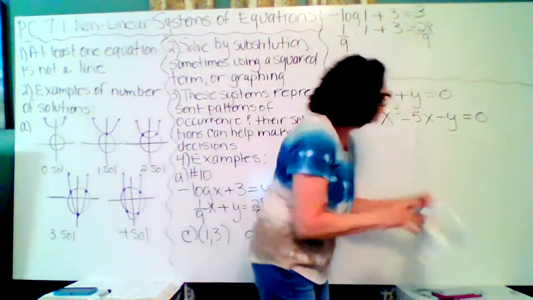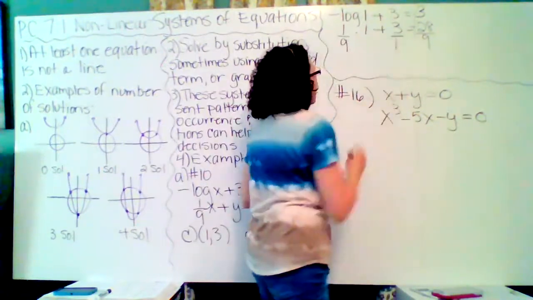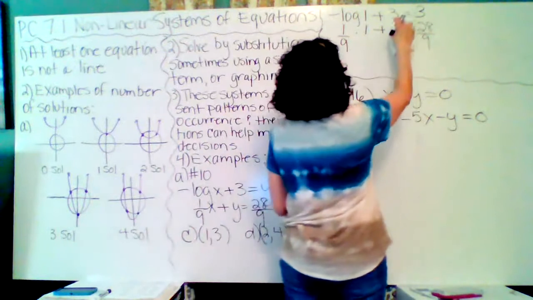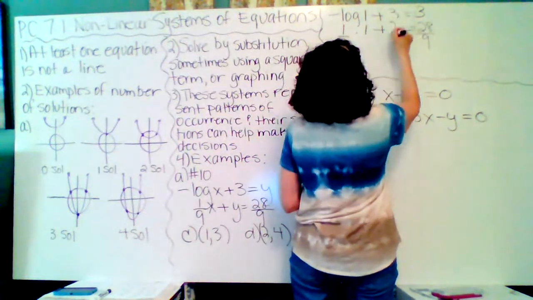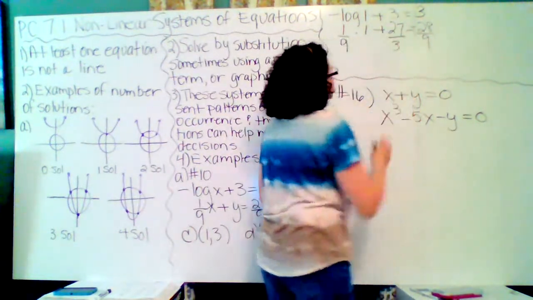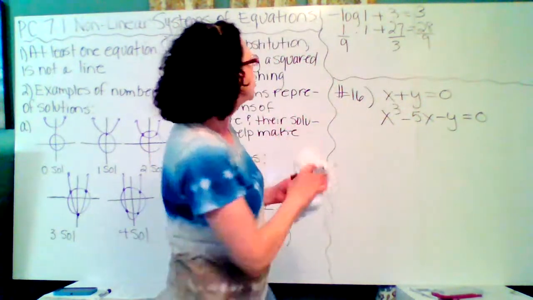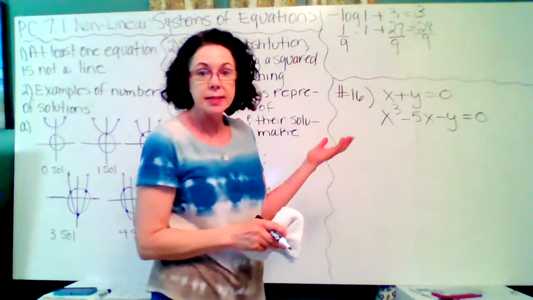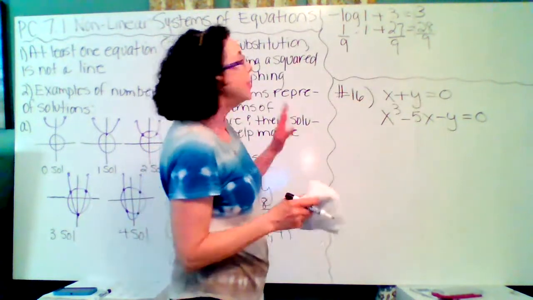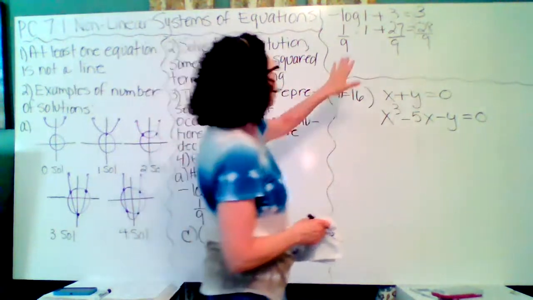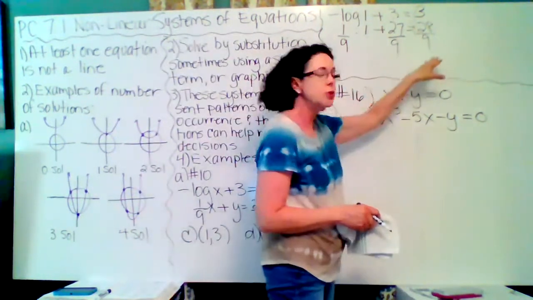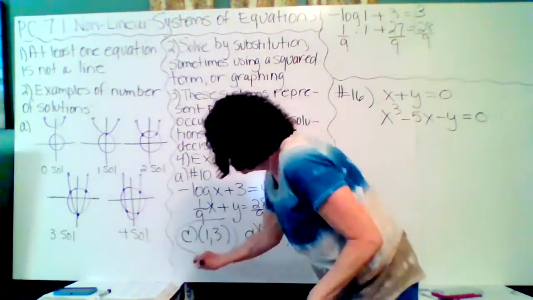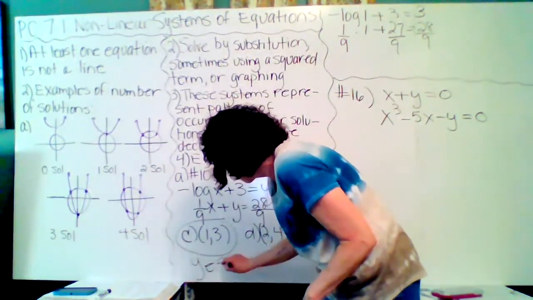Now this 3 over 1, I'm going to write as 27/9 because it's still 3, right? But now we can actually add the fractions. 1/9 plus 27/9 is 28/9. And so (1, 3) is a solution to this system.